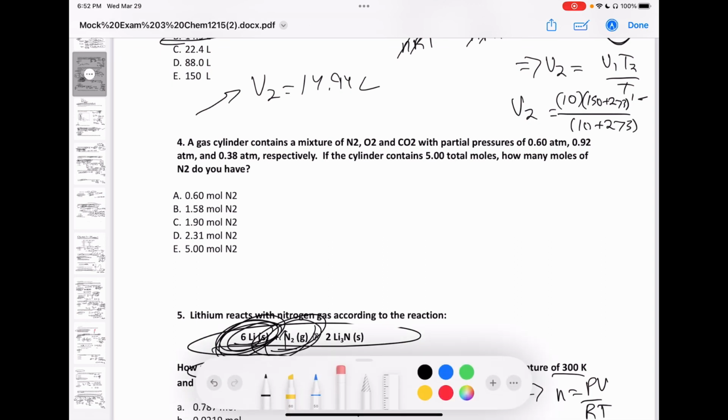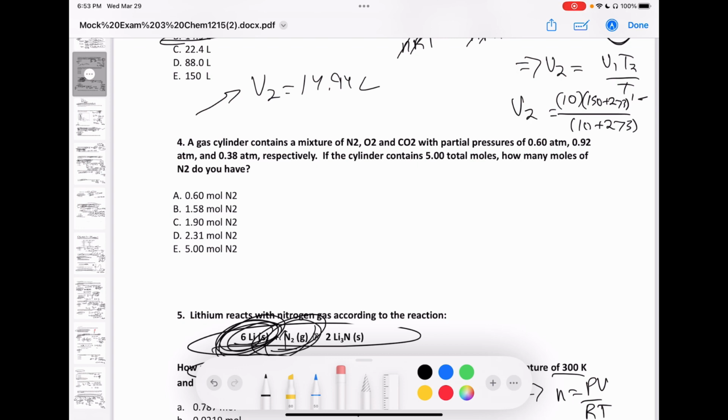So a gas cylinder contains a mixture of N2, O2, and CO2 with partial pressures of 0.6 atm, 0.92 atm, and 0.38 atm, respectively. If the cylinder contains 5 total moles, how many moles of N2 do you have?